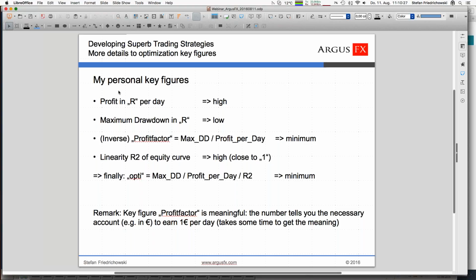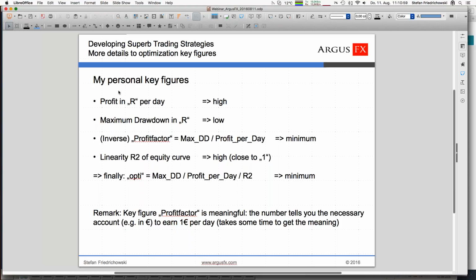And there's one other number I take into account. That's a little bit because everybody likes linear equity curves, and the linearity of a graph can be calculated quite simply. That is a well-defined number between 0 and 1. 0 would mean it's more or less random, and number 1 means you have a perfect straight line.